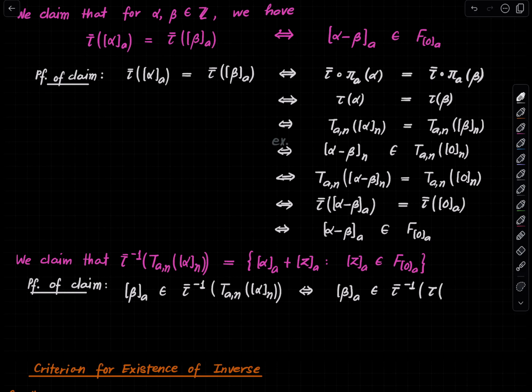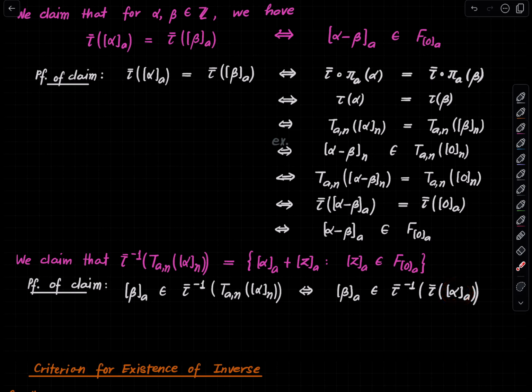This is nothing but tau of alpha modulo A, tau bar of alpha modulo A. Right, because this thing is nothing but tau bar of alpha modulo A. So all we are saying is that if something lies in the fiber of the trajectory of alpha modulo n, then that is same as saying it is in the same fiber as alpha modulo A under the map tau bar. That's exactly what we are saying.